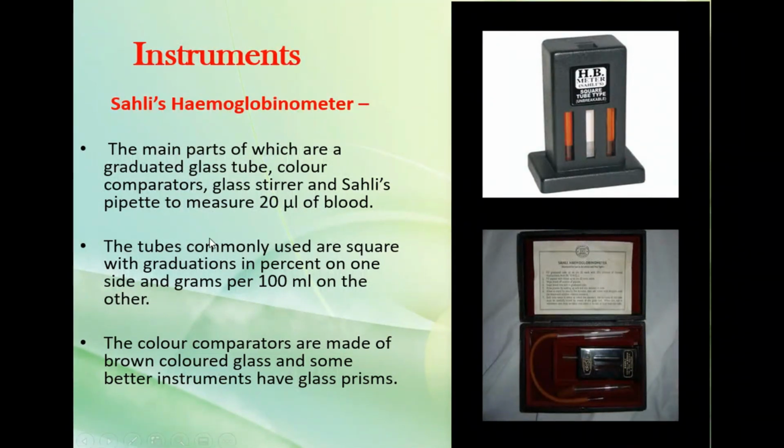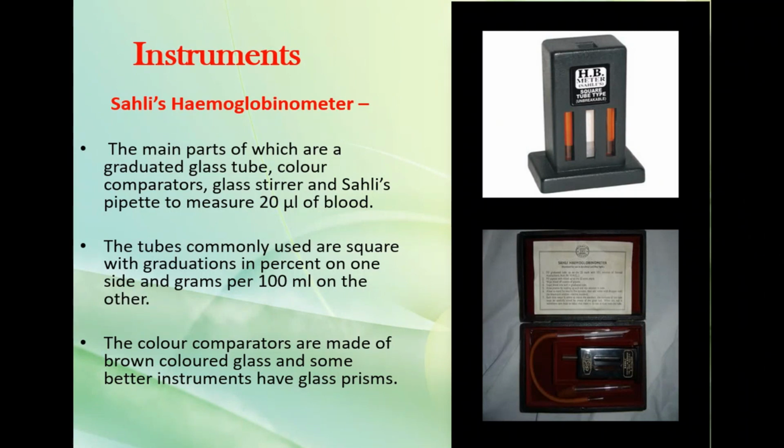The tubes commonly used are square with gradations. Gradations in the sense there is a scale on it, in percent on one side and grams per 100 ml on the other side. So you can calculate either in percentage or in grams per 100 ml, to know how much hemoglobin is present in the sample.